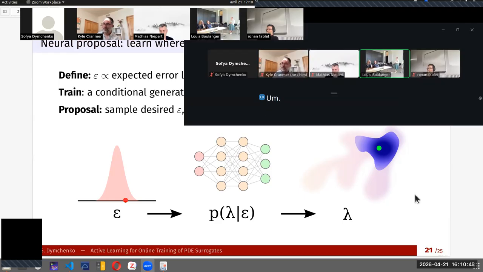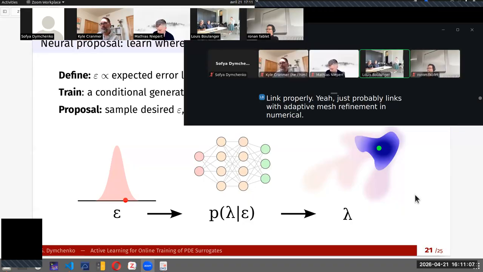When Matthias discussed the first part of his questions, it made me think about a link. There are probably links with what's called adaptive mesh refinement in numerical simulation. I think so, when you're looking for new collocation points, especially for PINNs. Yes, and that's why I said geometry aware, you can also change the points.